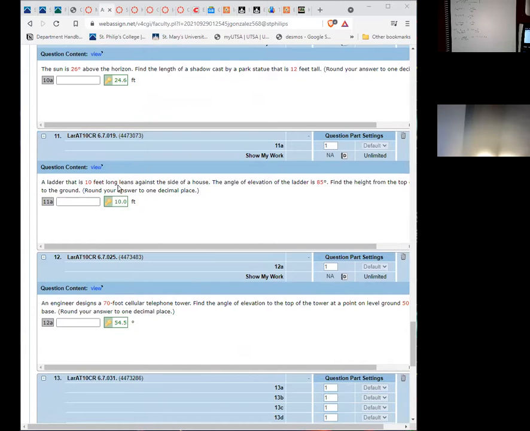A ladder that is 10 feet long leans against the side of a house. The angle of elevation of the ladder is 85 degrees. Find the height from the top of the ladder to the ground.